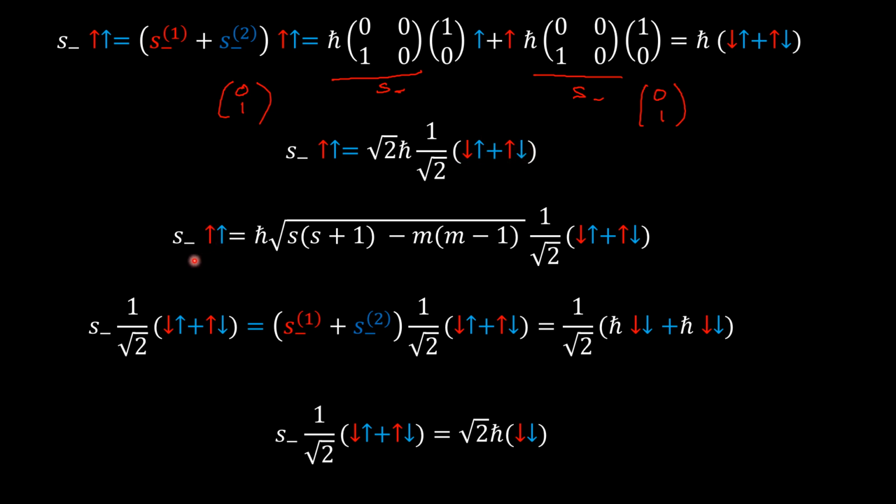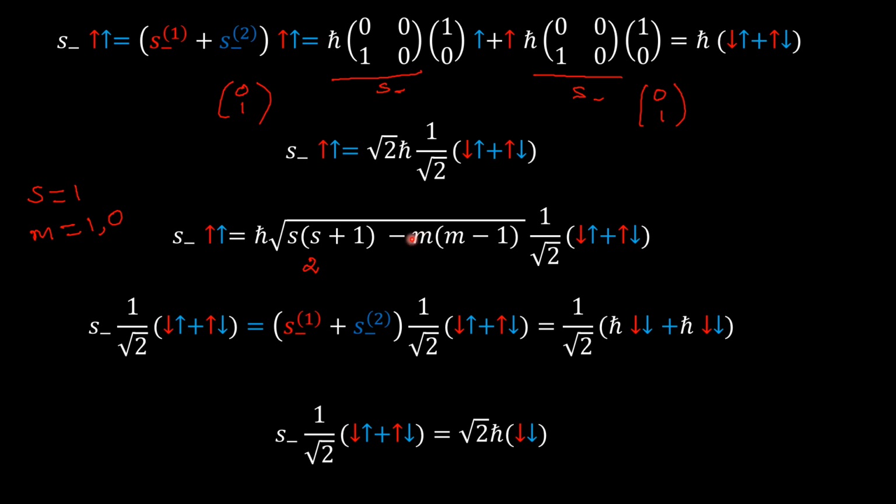So the S minus operator acting on the spin up state, that is S is equal to 1. There is no change in S, but M I can take. Now you consider S is equal to 1, M equal to 1 and 0. If S is equal to 1, 1 into 1 plus 1, 2, this will become 2. And when M equals 1, this will be 0, 1 minus 1 is 0.